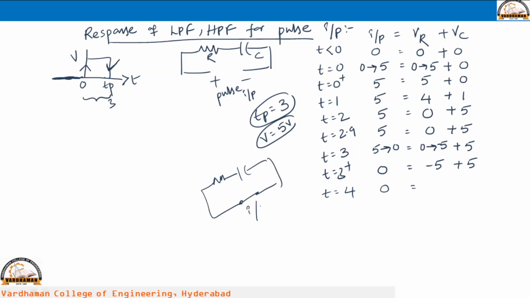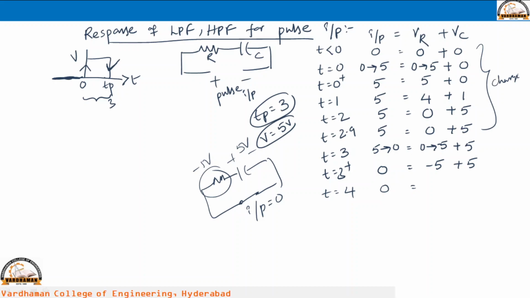Now, there is no input, input is equal to 0, voltage source is 0 means short circuit, but across the capacitor we have 5 volts, okay, and across this particular resistor we have minus 5 volts. So, in the circuit, now the capacitor is acting as a source, capacitor starts giving the voltage to the resistor, capacitor starts discharging, okay.